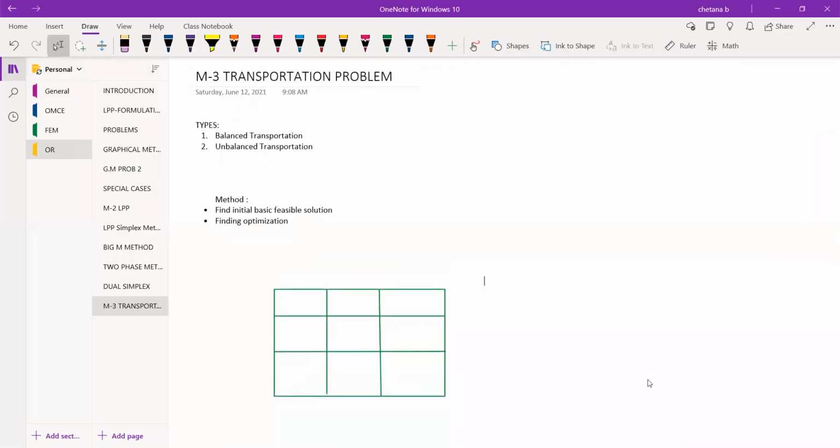Now, if you see the name itself, transportation is a special kind of LPP in which the goods are transported from one set of sources to another set of destinations.